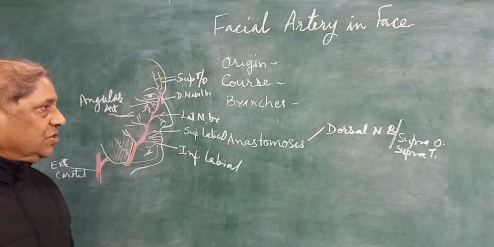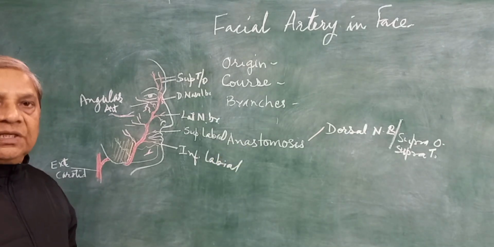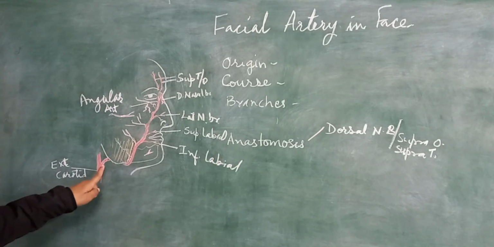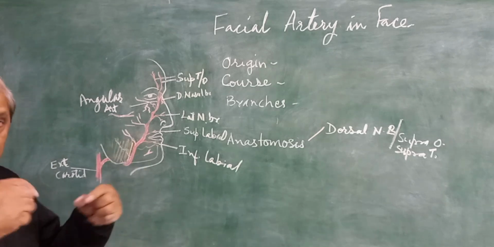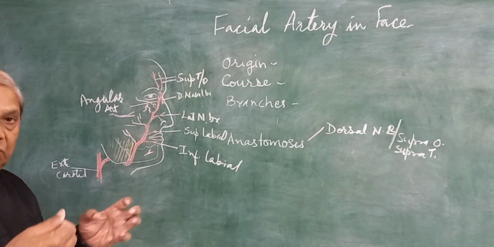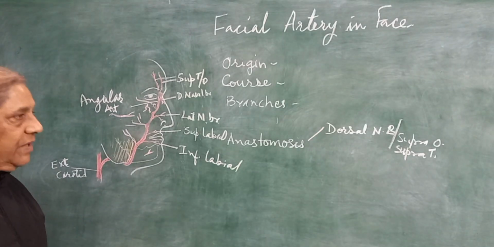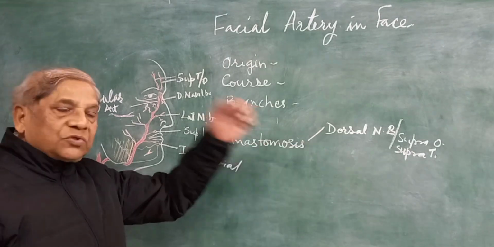Thus, this anastomosis is important because it is an anastomosis between the branches of the external carotid artery and the branches of the internal carotid artery. So the two arteries form an anastomosis here.